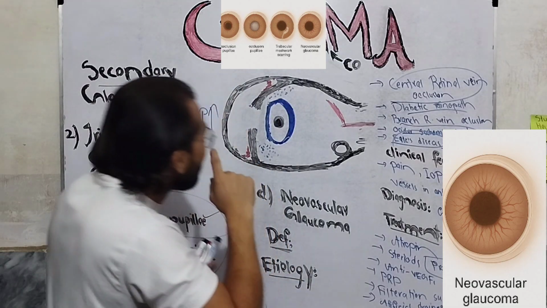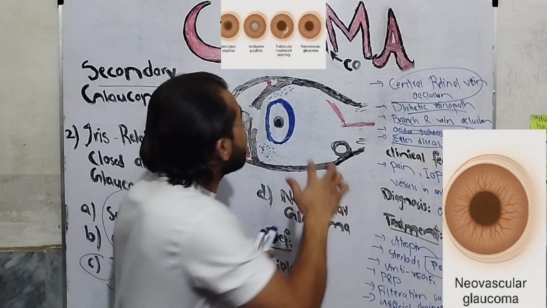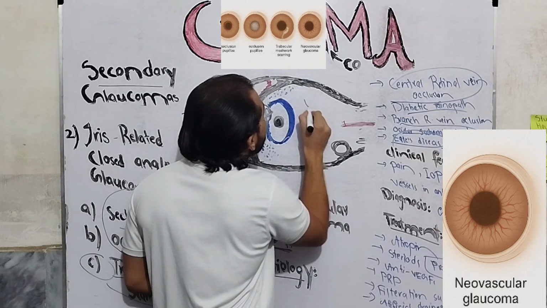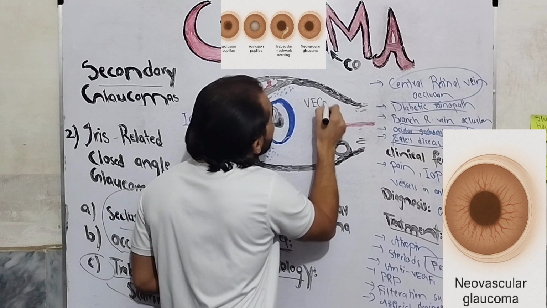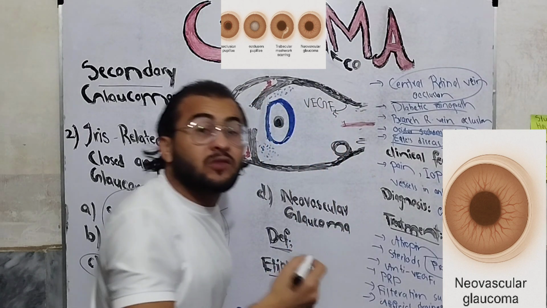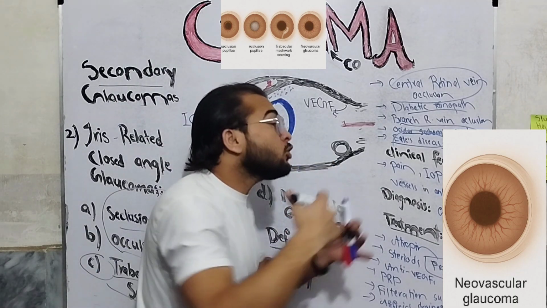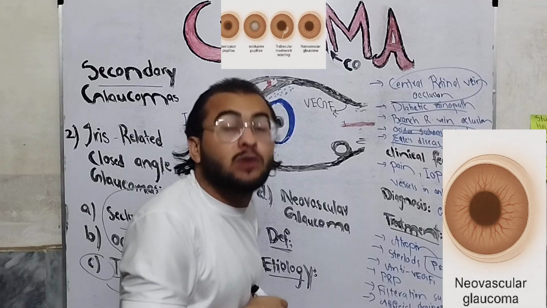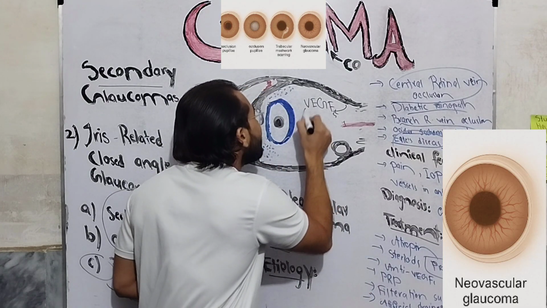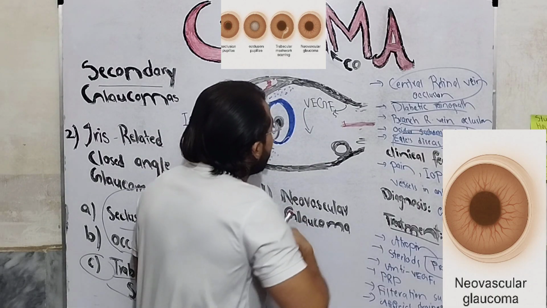This is because when there is ischemia, what will happen? The retina in response will release a growth factor called vascular endothelial growth factor. The retina is releasing these growth factors in order to induce new vessels, re-establish the vascular supply, and terminate the ischemia.